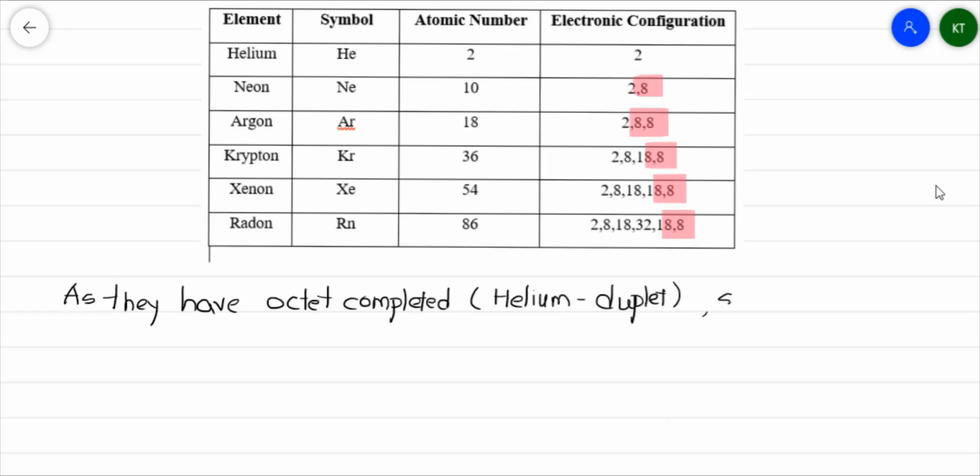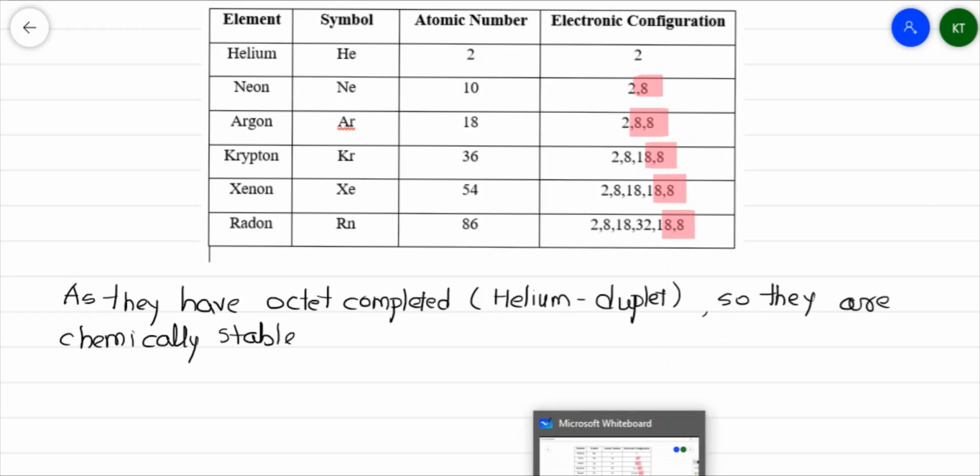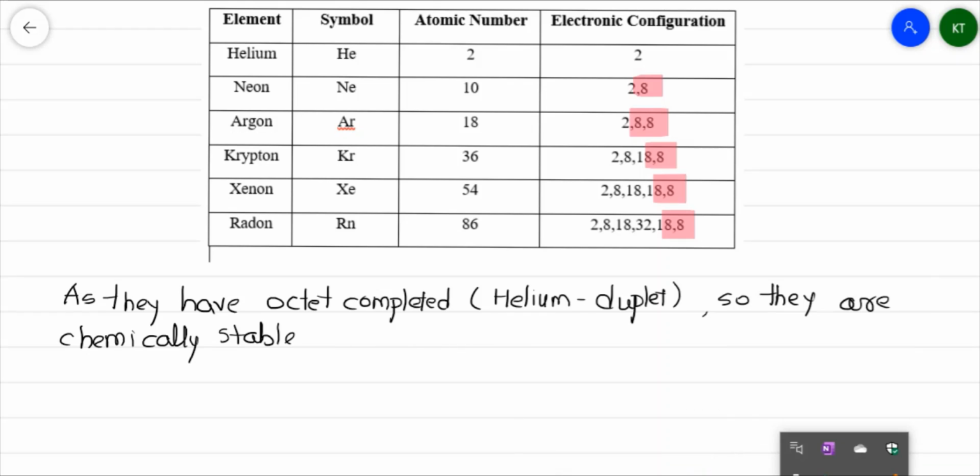So they are chemically stable. They neither show tendency to lose, gain or share electrons, and due to this they are called inert gases.